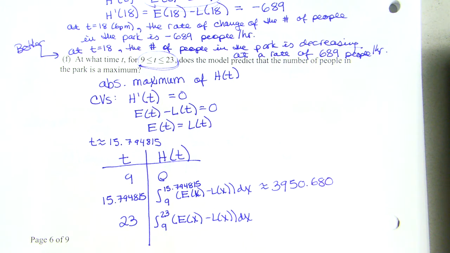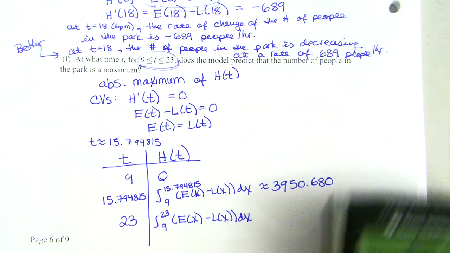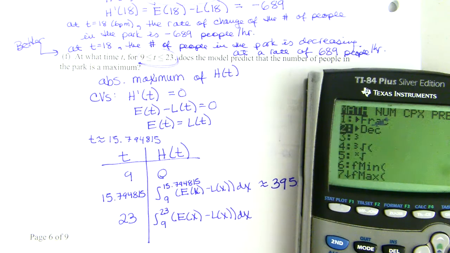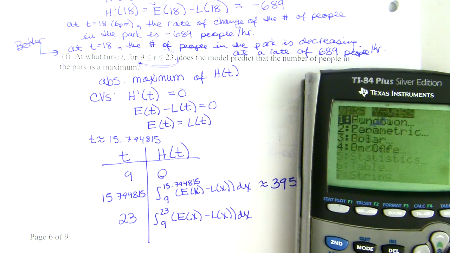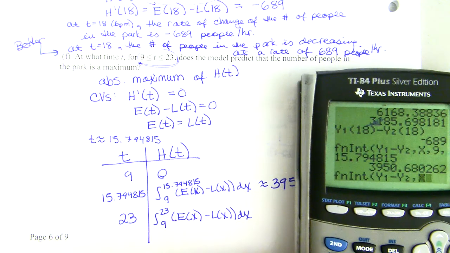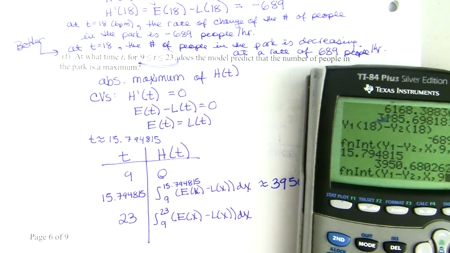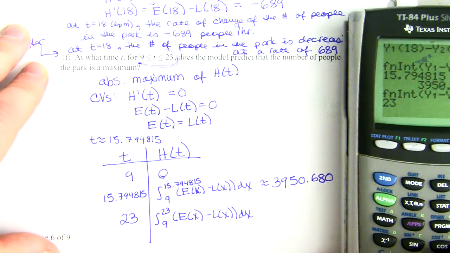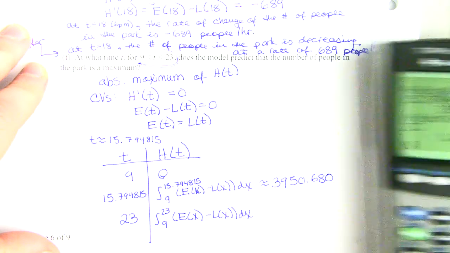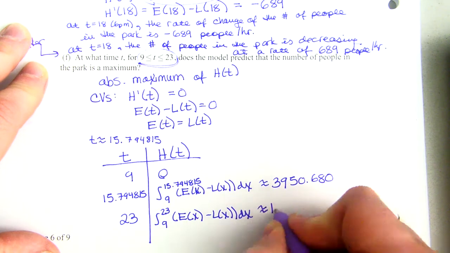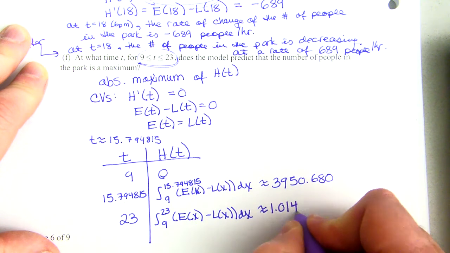At time 23, go to the calculator, tell me what it gives you there. I know what it should be. Let's see. Oh, 1.014.